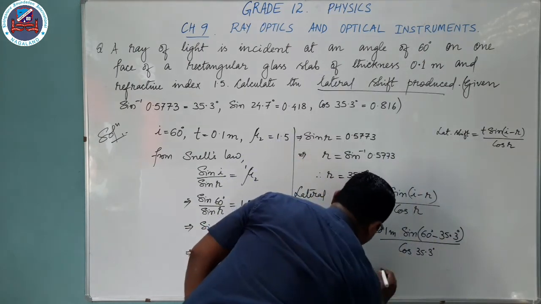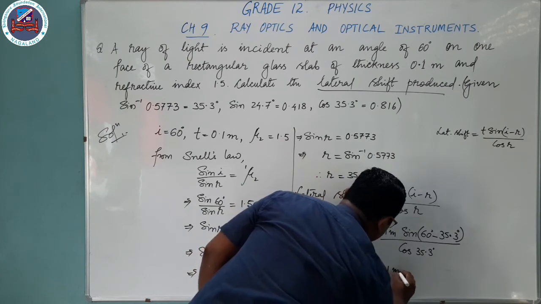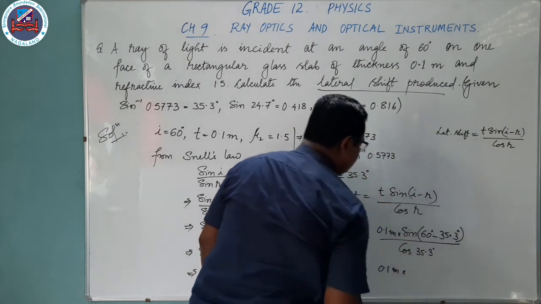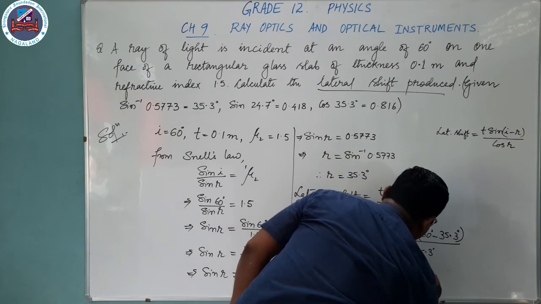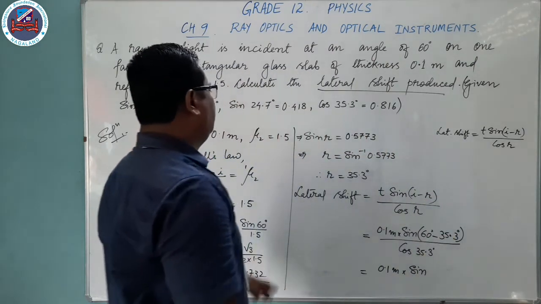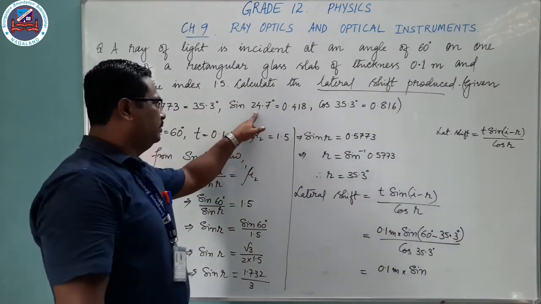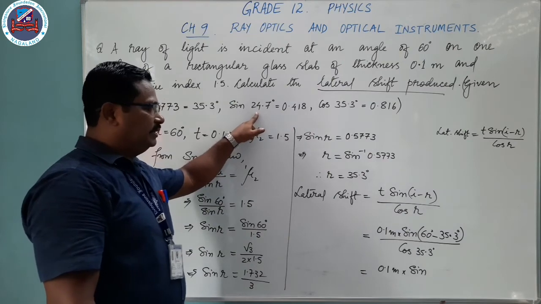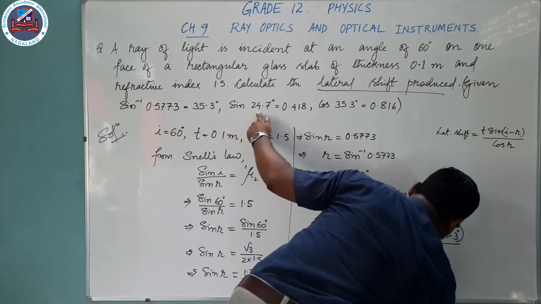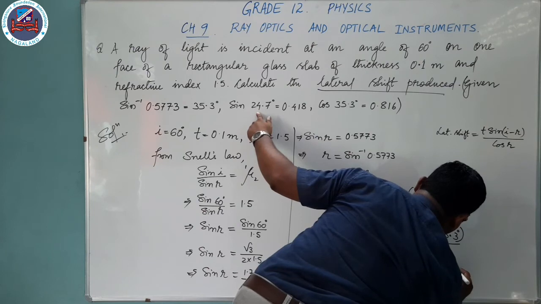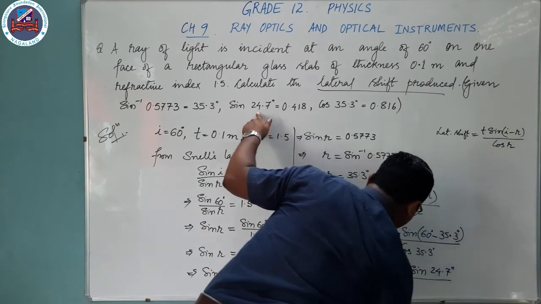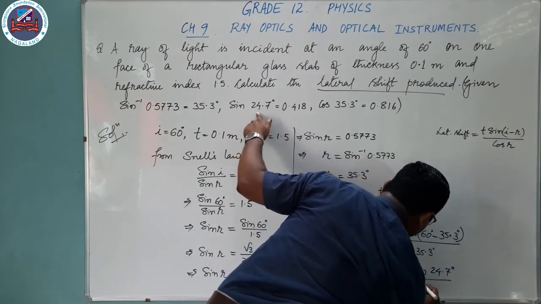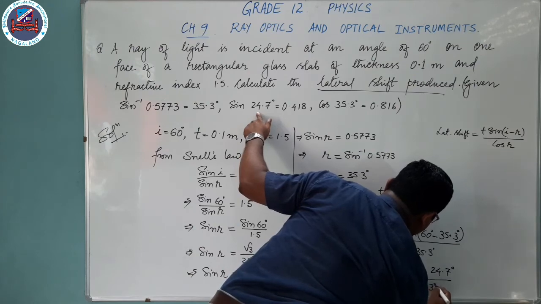This is 0.1 meter multiplied by sin of (60 minus 35.3). If you subtract, the given value is 24.7 degrees, so sin 24.7 degrees divided by cos 35.3 degrees.